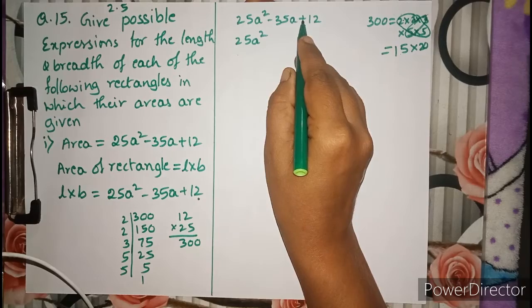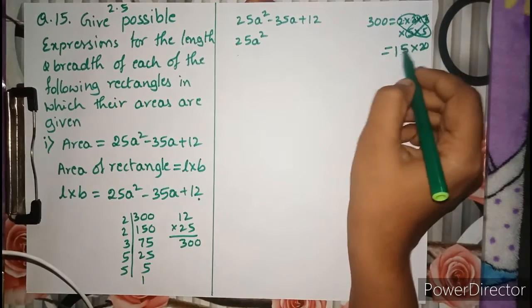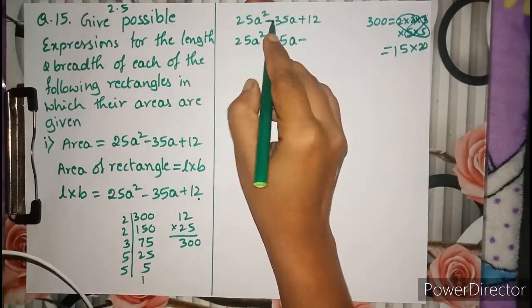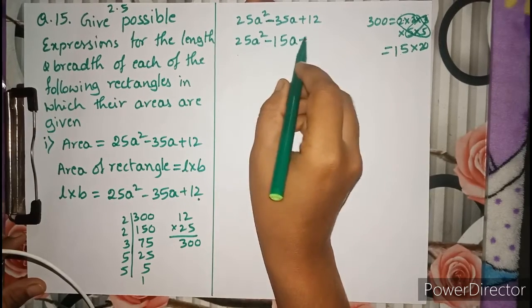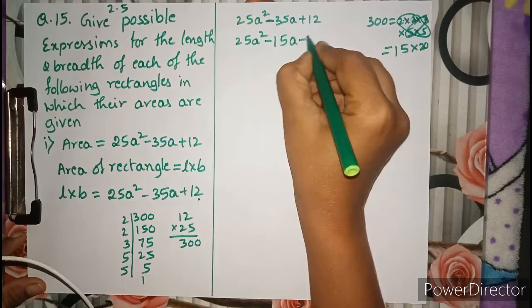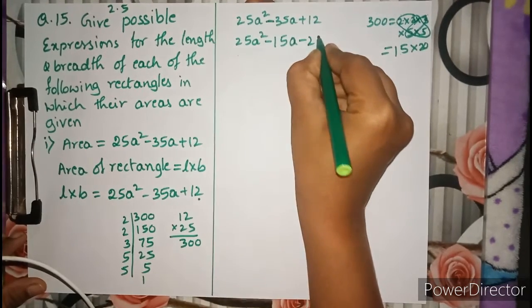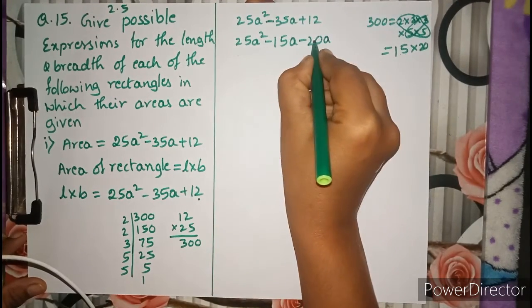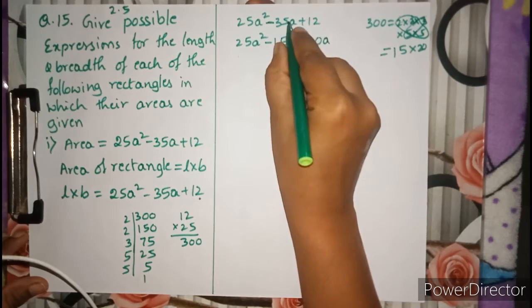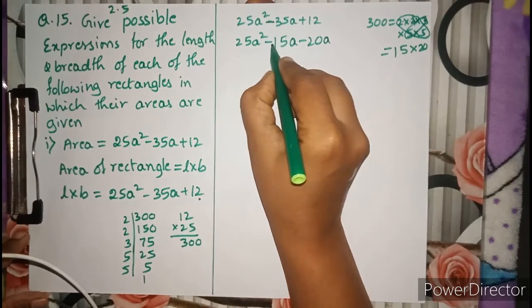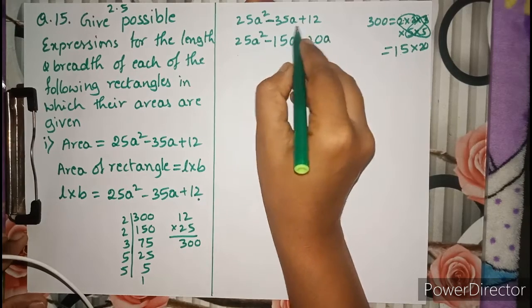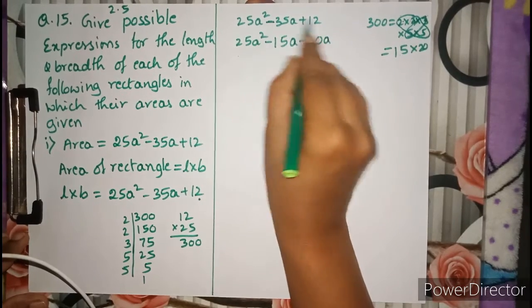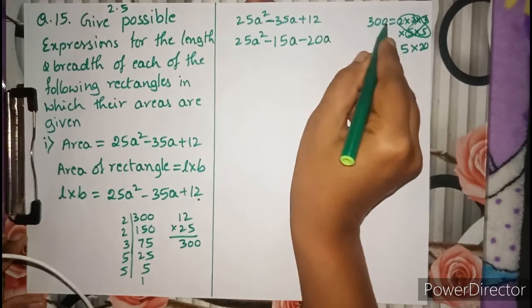Here we have a plus sign, so we have to add the factors. Whenever we have minus here, we have to put minus 15a and minus 20a. So minus 15a minus 20a is minus 35a, and minus 15 into minus 20 is plus 300. 25 into 12 is 300.